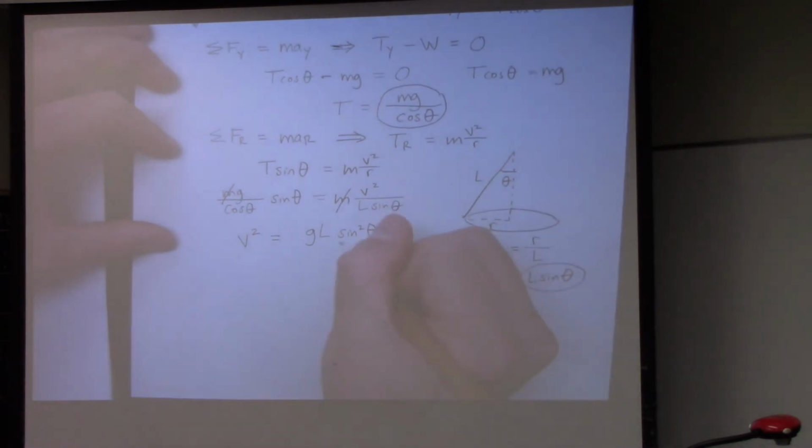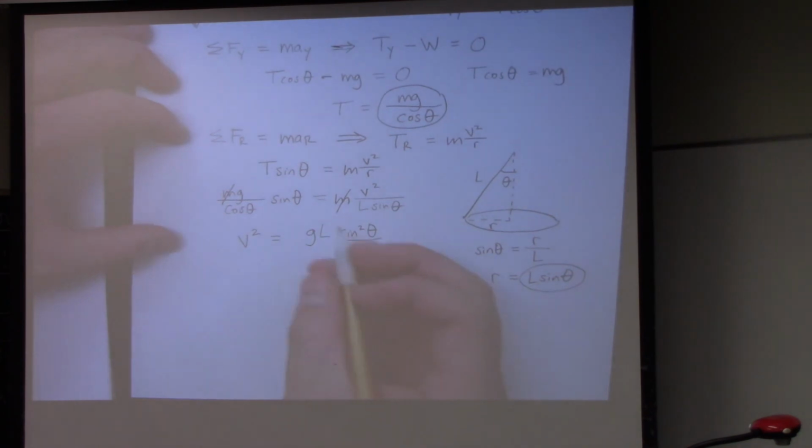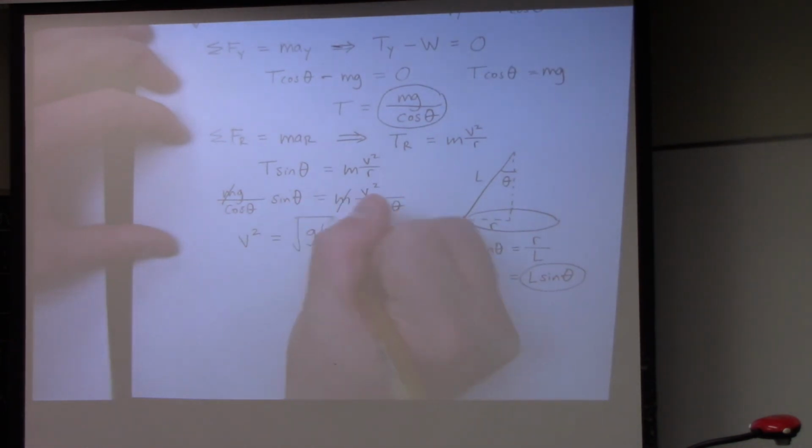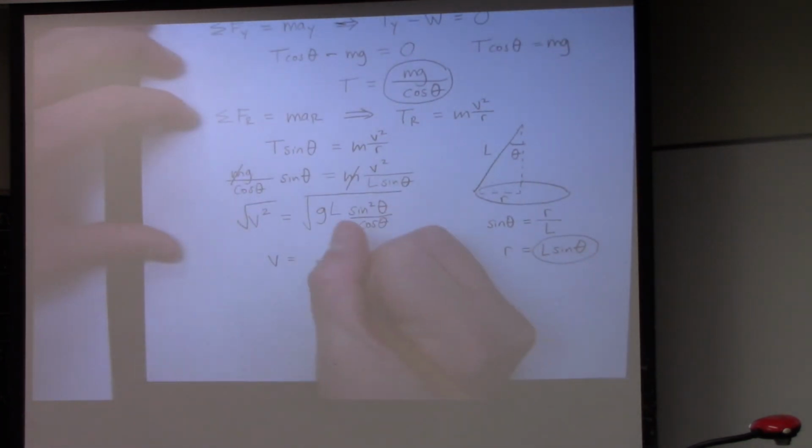And then, of course, we have a cosine theta on the bottom from before. And then finally, if we want to get the actual v as opposed to v squared, the speed is equal to the square root of g L sine squared theta over cosine theta.